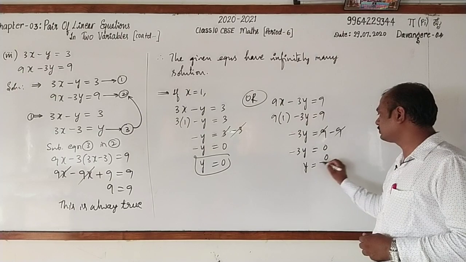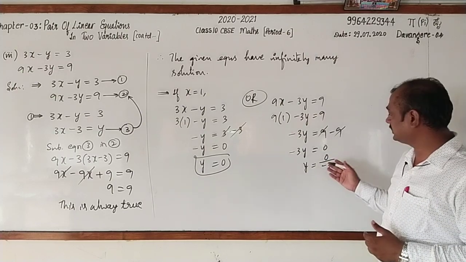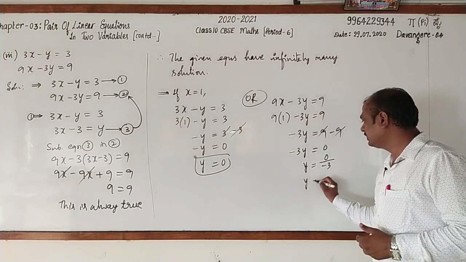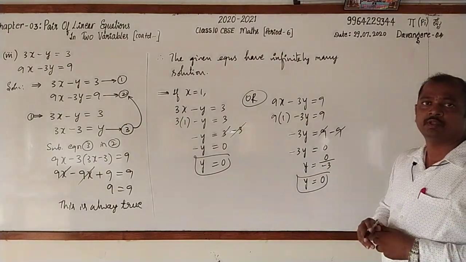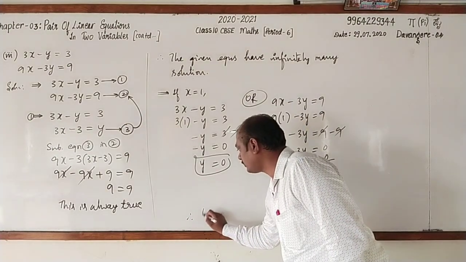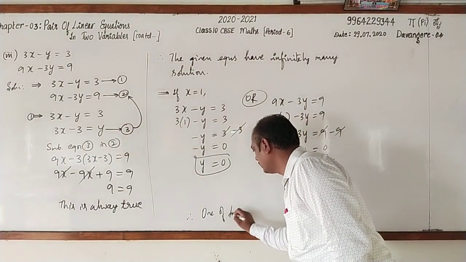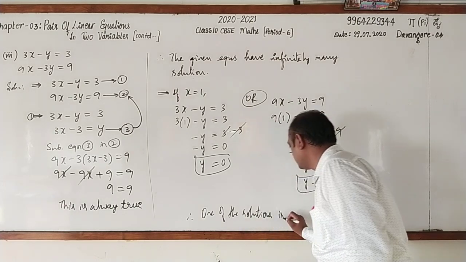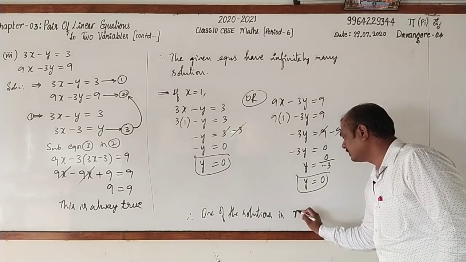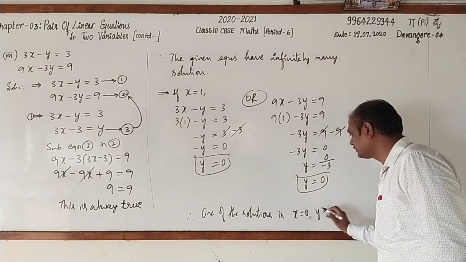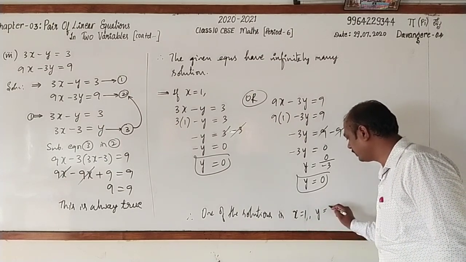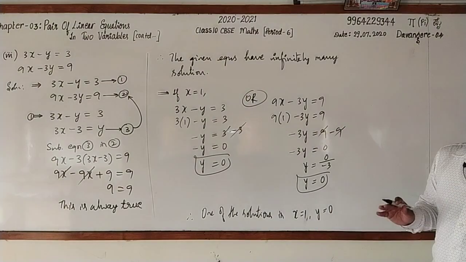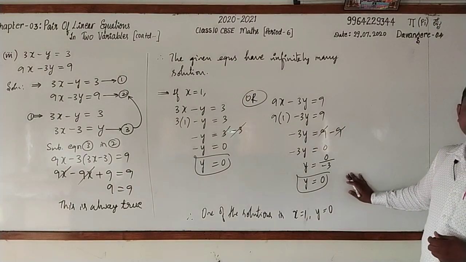Then y is equal to 0 by minus 3. 0 by minus 3 is? It is 0 only. Therefore, one of the solutions is, when x is 1, y will be 0. Clear? Hope that you have understood this.